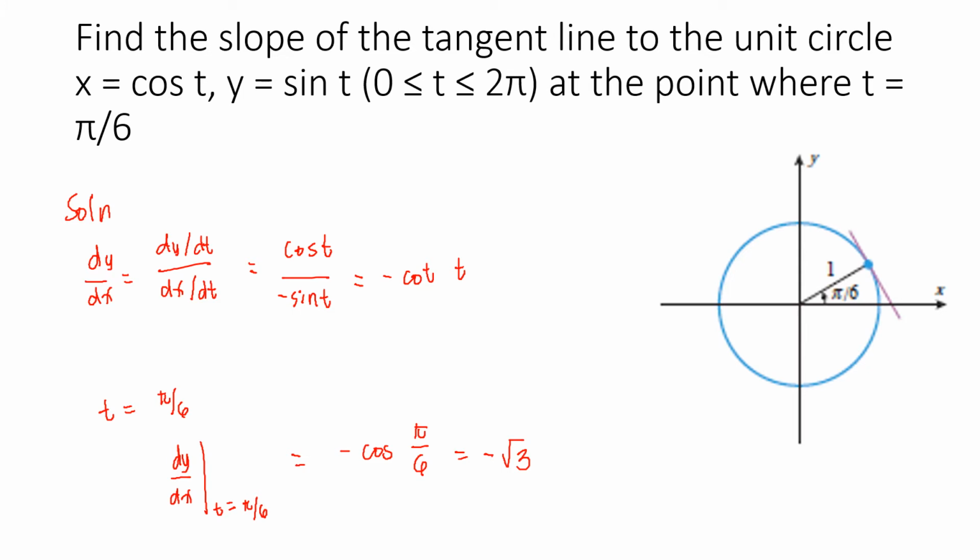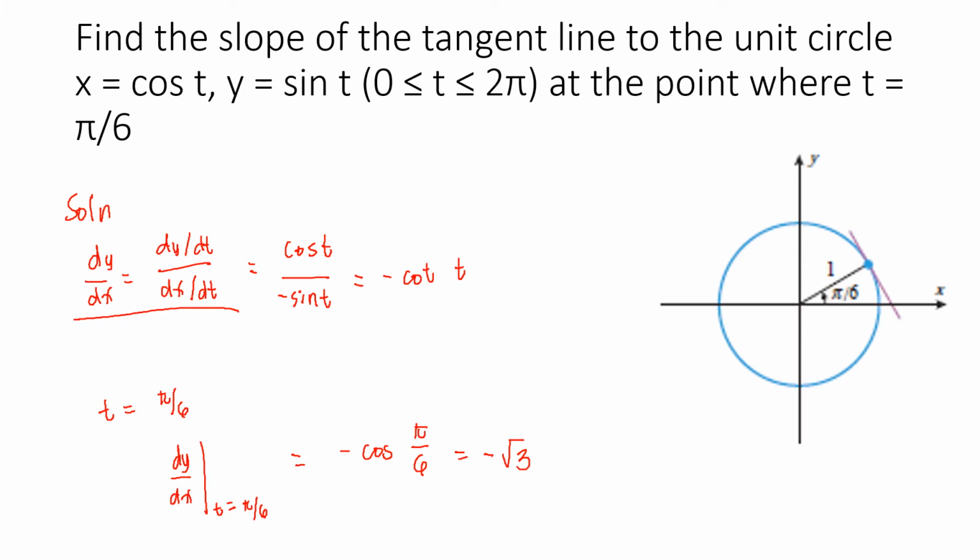So it follows from this formula that the tangent line to a parametric curve will be horizontal at those points where dy over dt is equal to 0 and dx over dt is not equal to 0. Two different situations occur when dx over dt is equal to 0.